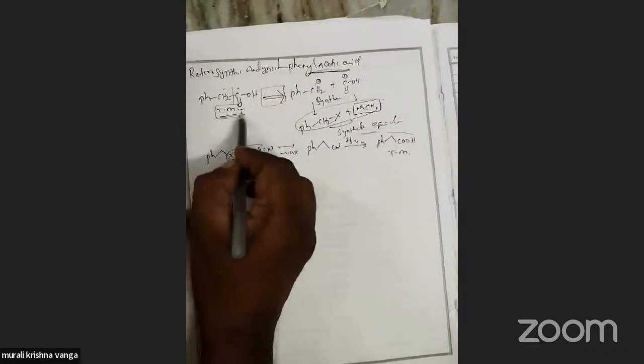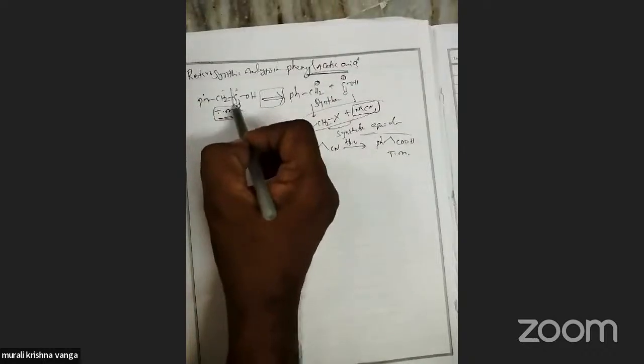The molecule chosen is called the target molecule. Breakage of its bonds is called disconnection. After disconnection, we get charged fragments called synthons, and these are available in the form of synthetic equivalents. So all the terminologies are explained here in one reaction.